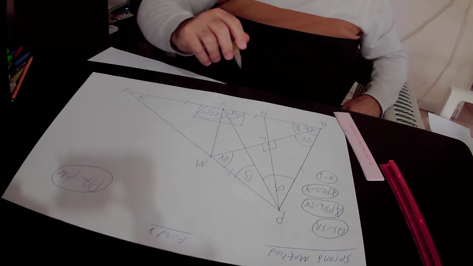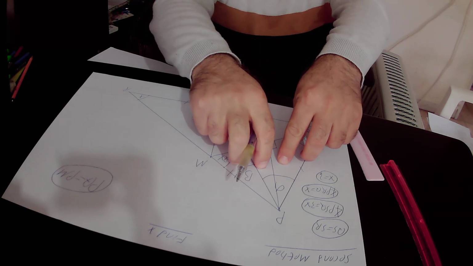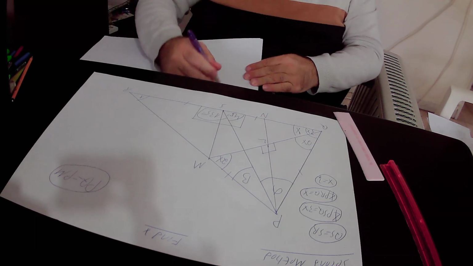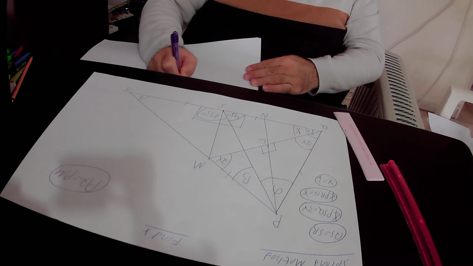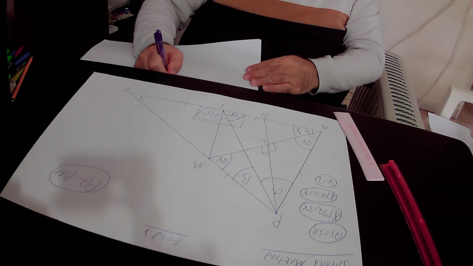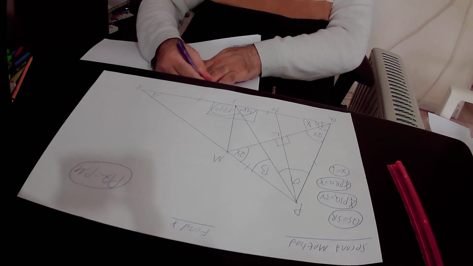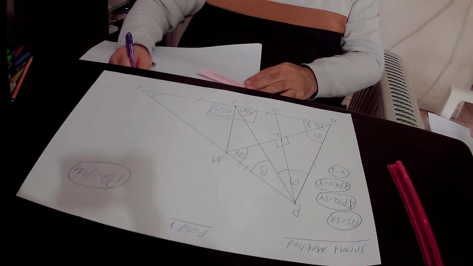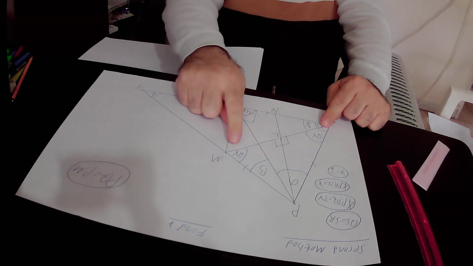We will focus on those two triangles, triangle PQL and triangle PLM. In those two triangles, two angles are equal to each other.